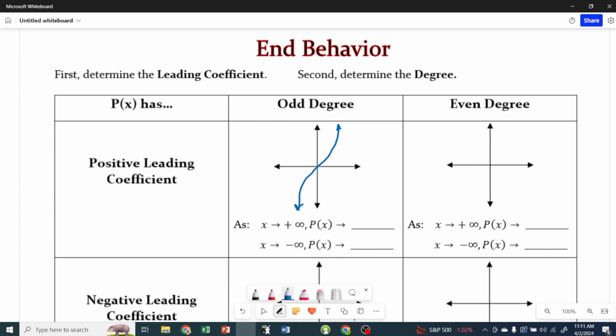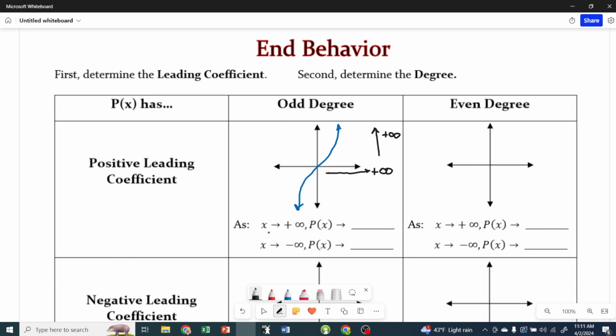So what they're talking about with end behavior is that as x goes out to positive infinity, this graph is going to be going up, towards positive infinity.